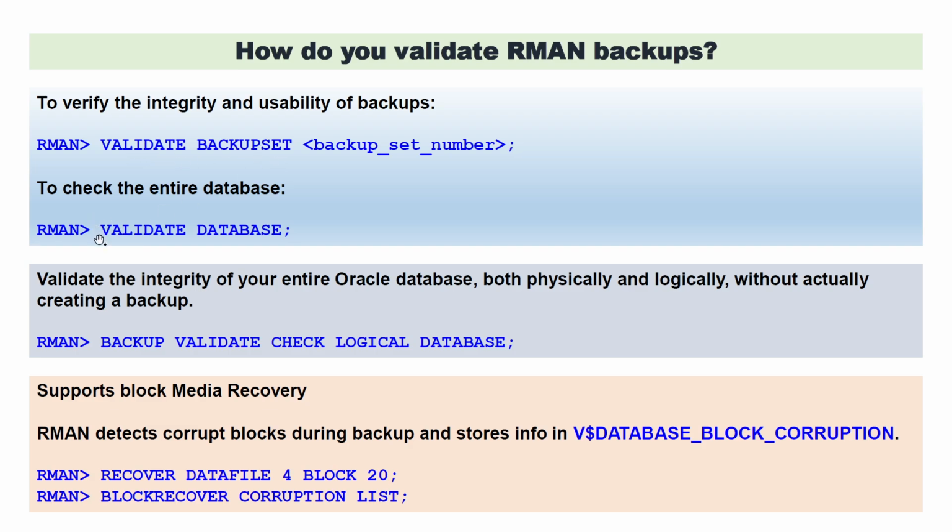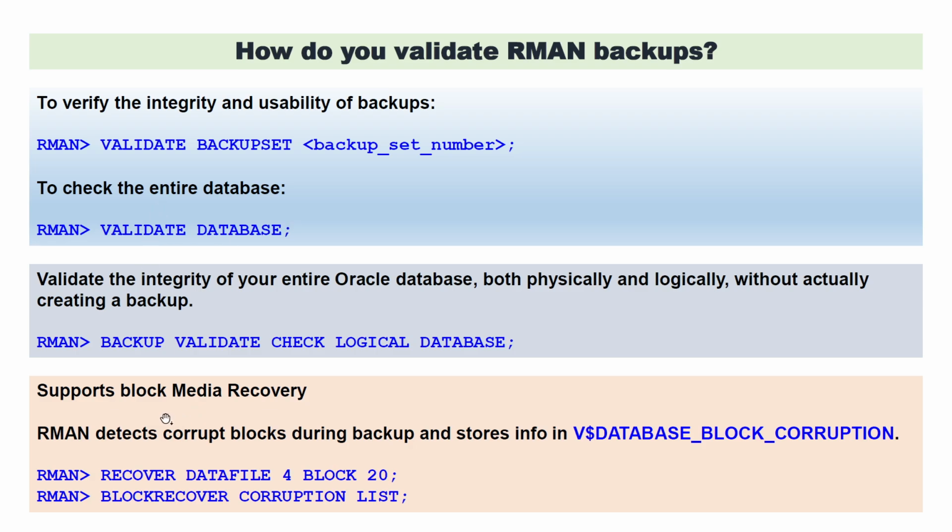If you want to check the entire database, you can use validate database. If you want to check the integrity of your entire Oracle database, both physically and logically, without actually taking or creating a backup, you can say backup validate check logical database. So without creating a backup, this particular command will validate or check your logical database.